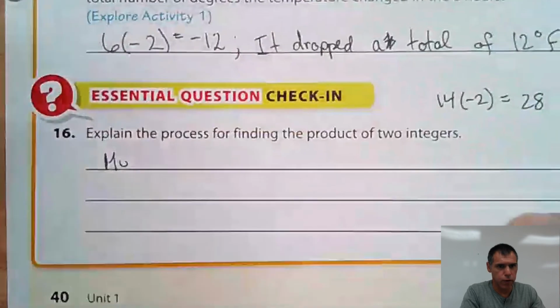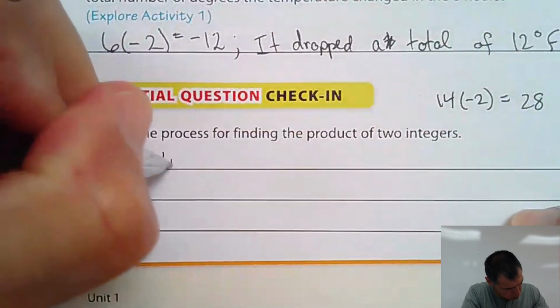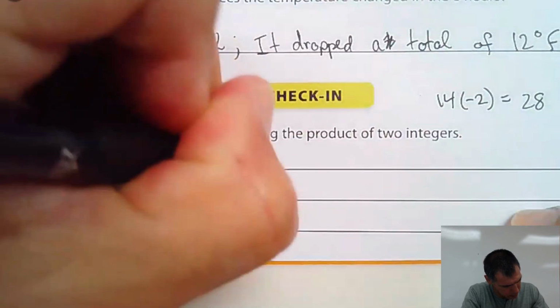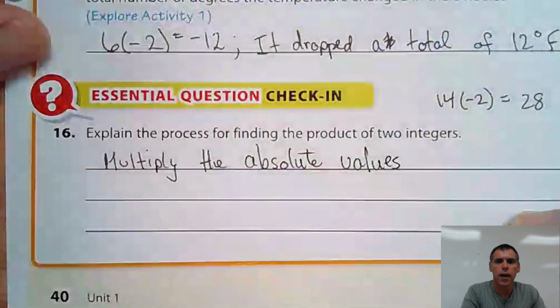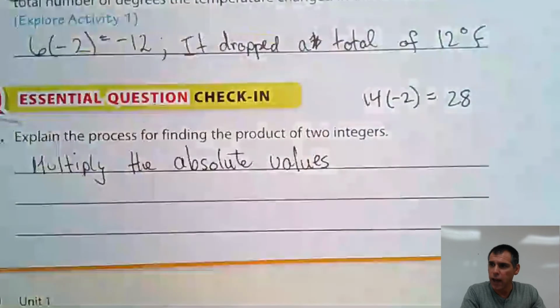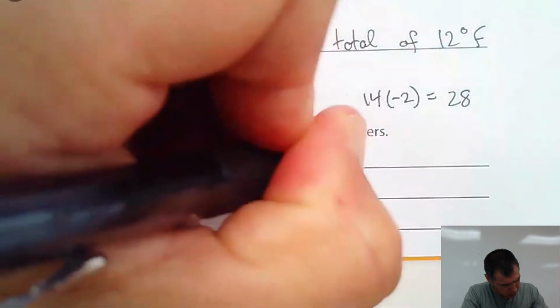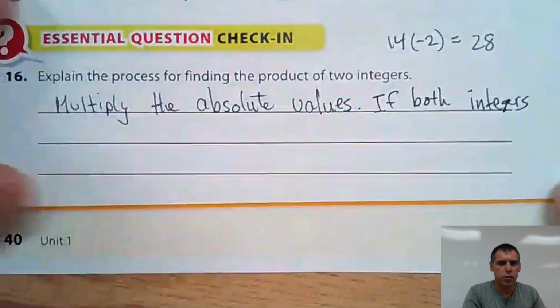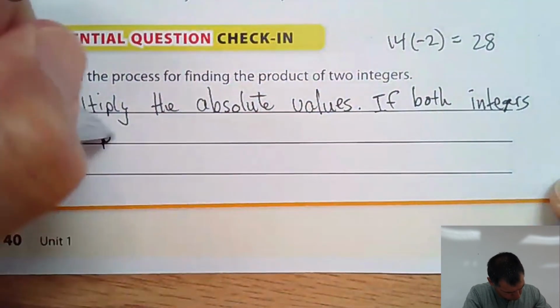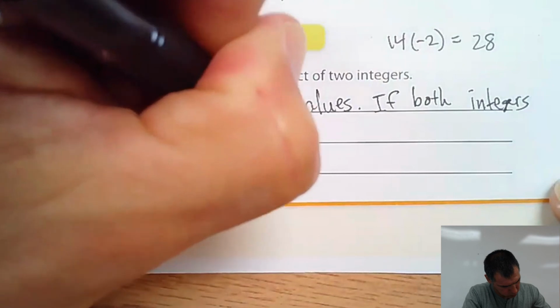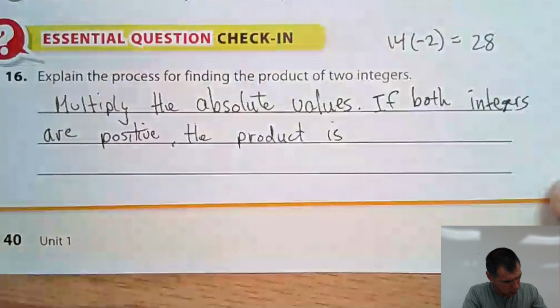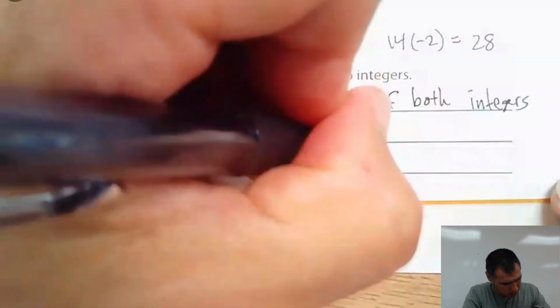So first you multiply the absolute values, okay? And then if both integers are positive, the product is positive.